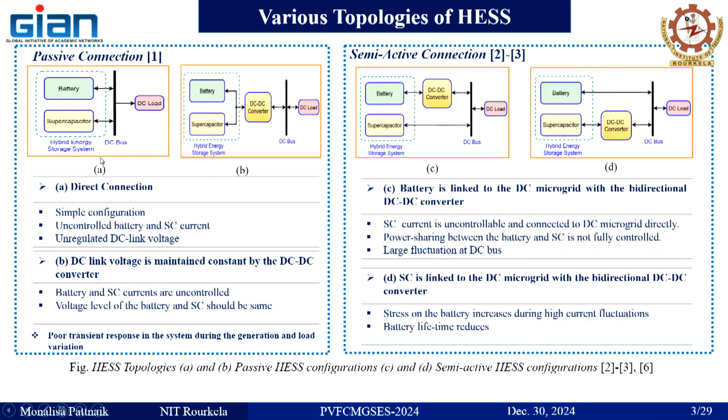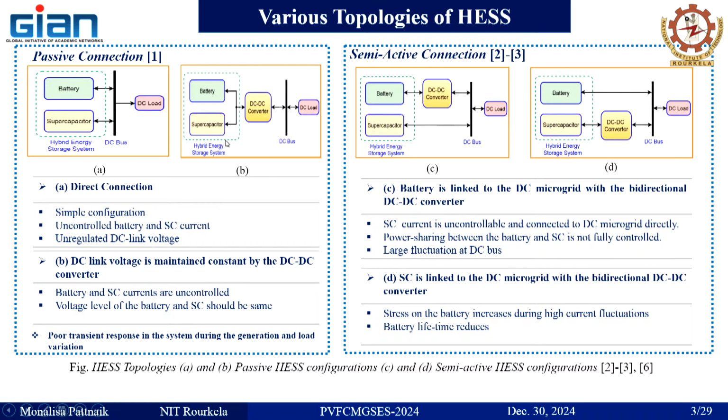This topology is very simple and less costly because we do not have any control. But the main problem is that we cannot regulate the battery and supercapacitor current as well as the DC bus voltage. We cannot maintain the DC bus voltage constant, nor have controlled charge and discharge of this hybrid energy storage system.